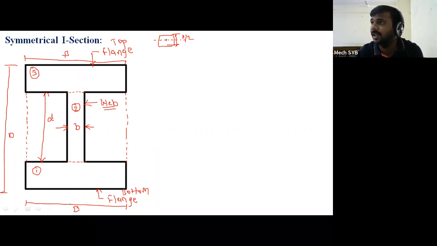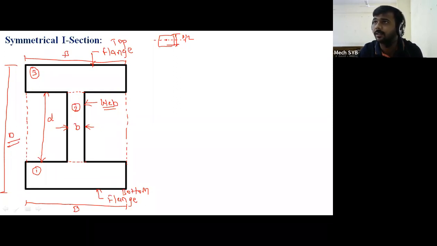The width of the I section, or we can consider the width of rectangular section number 1 and rectangular section number 3, will be capital B. Okay. Then the total height of the I section I have represented at the left side. What is it?